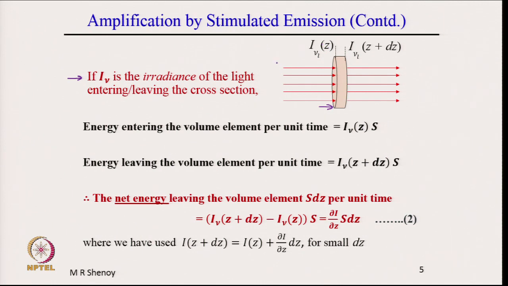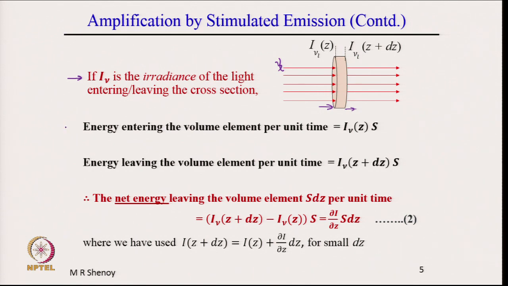We are considering nu L as the frequency of the input laser beam, or input monochromatic beam. We have considered a near monochromatic beam entering this medium, and therefore I nu of z is the intensity at the input of this slice, and at the output of this slice the intensity we have designated as I nu of z plus dz.